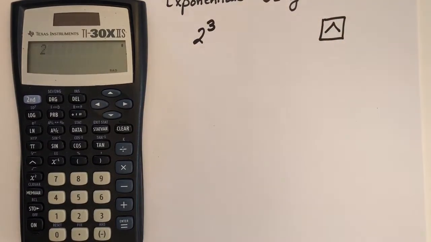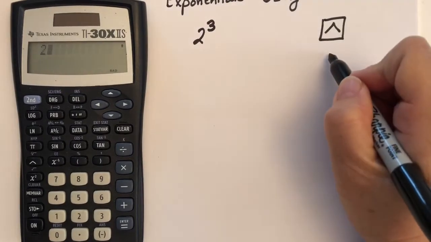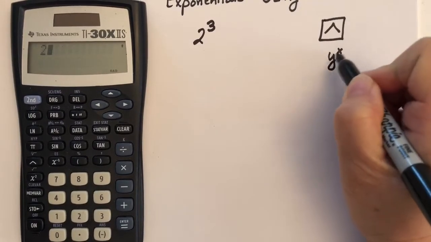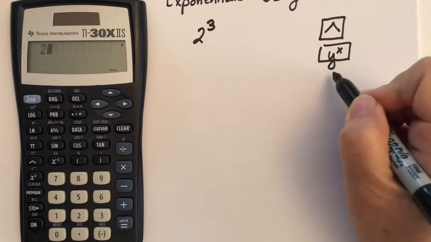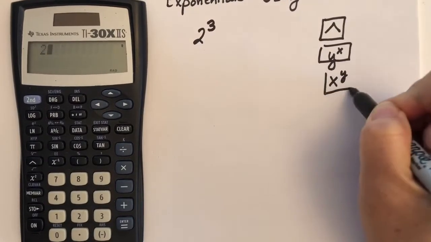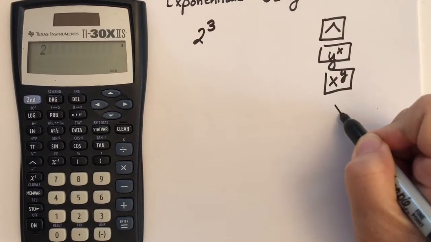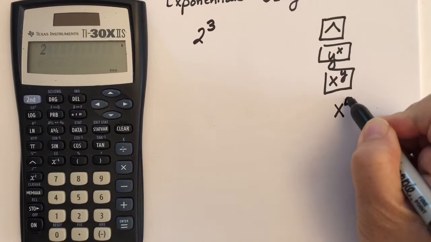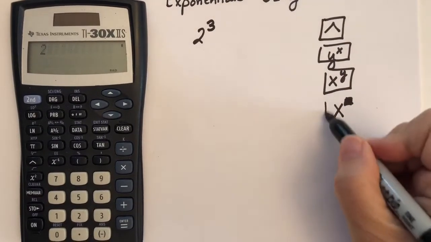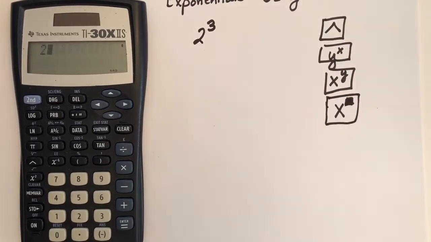You might have a button that looks similar to that, or you might have a Y to the X button, or an X to the Y button, or maybe an X to the box. Find the button that will tell the calculator you're going to raise a number to a power and press that button.